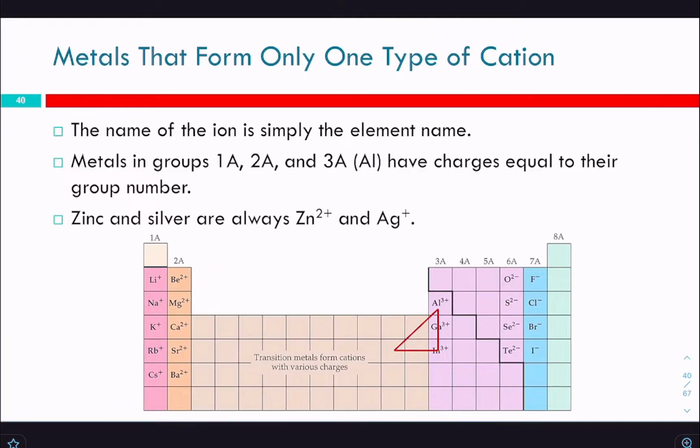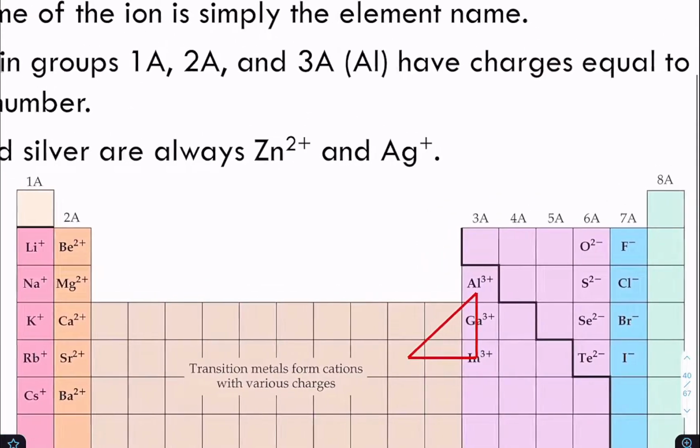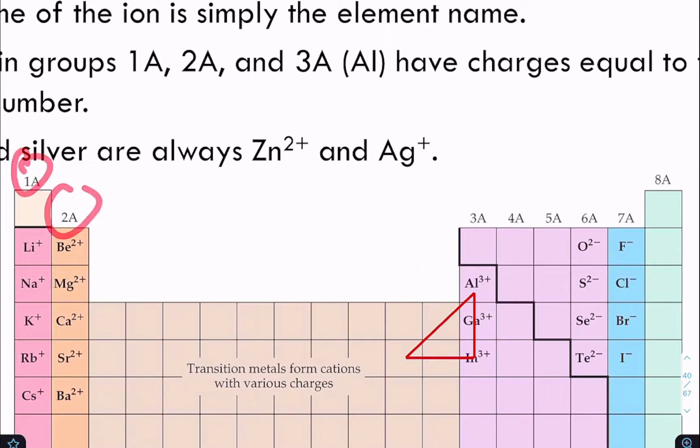So this is another table of those elements. We talked about 1A and 2A and how those are 1 plus and 2 plus, respectively. There's also aluminum, gallium, and indium. But I've also mentioned that zinc and cadmium are 2 plus, and then silver is 1 plus. And then we also have these negative charges over here that are predictable.